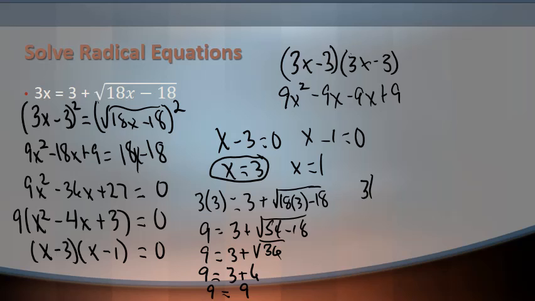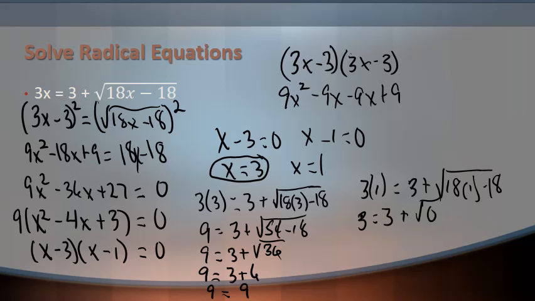So I got 3 times 1 equals 3 plus the square root of 18 times 1 minus 18. So that's going to be 3 equals 3 plus the square root of 0, since 18 times 1 is 18, minus 18 is 0.